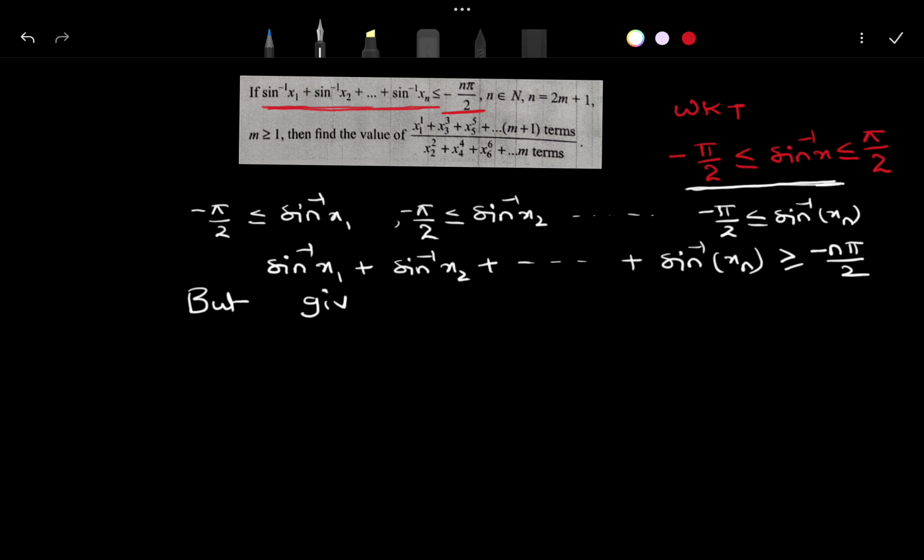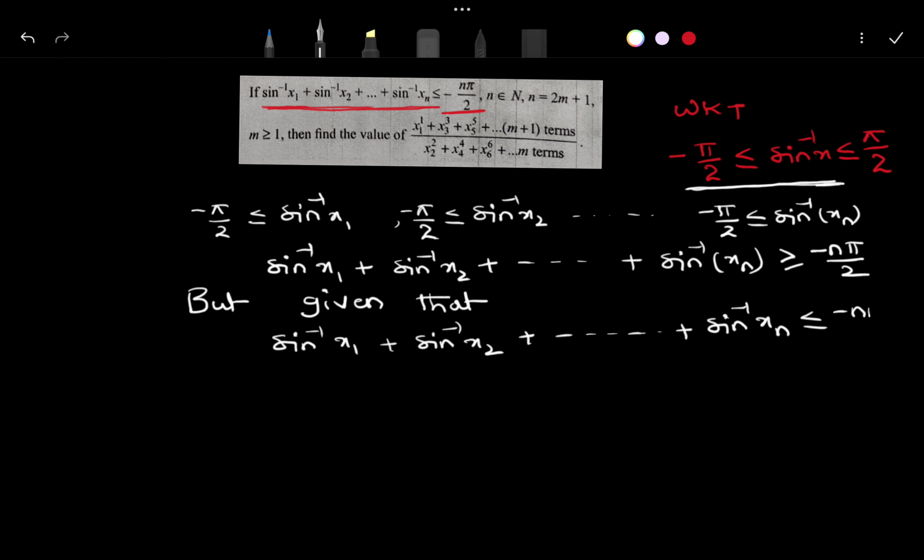Given that sine inverse x1 plus sine inverse x2 plus and so on plus sine inverse of xn is less than or equal to minus n pi by 2, right?